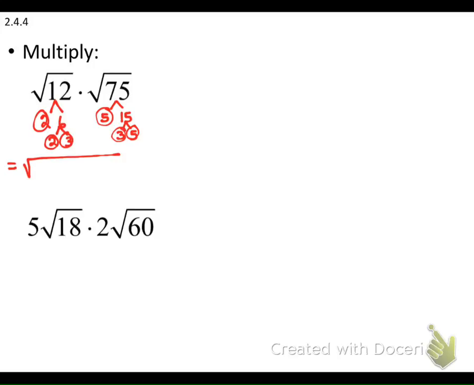All the prime factors from both radicands, because I'm multiplying, go under 1 square root sign. So I'm going to put all these prime numbers in order from least to greatest under 1 square root sign. So when I go to do that, what do I write, Jemiah? 2 times 2 times 3 times 5 times.